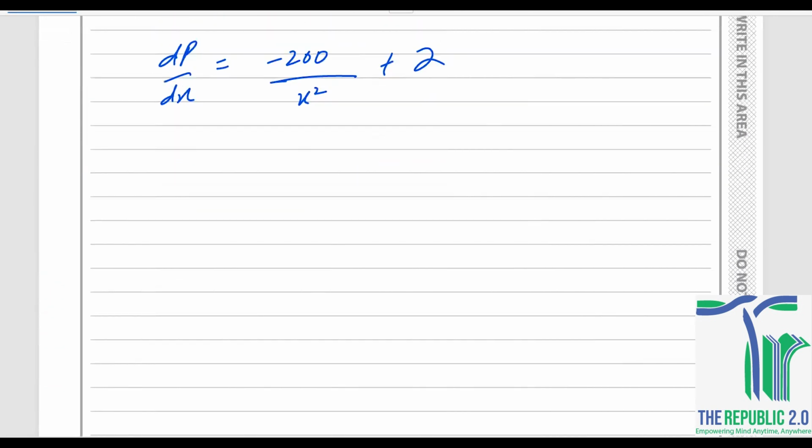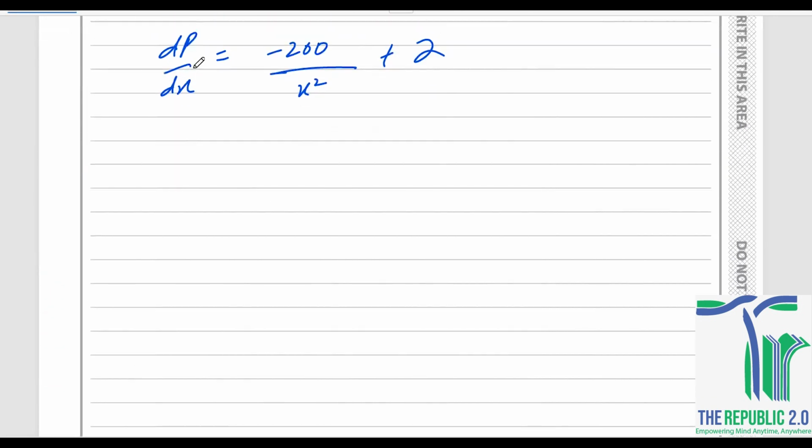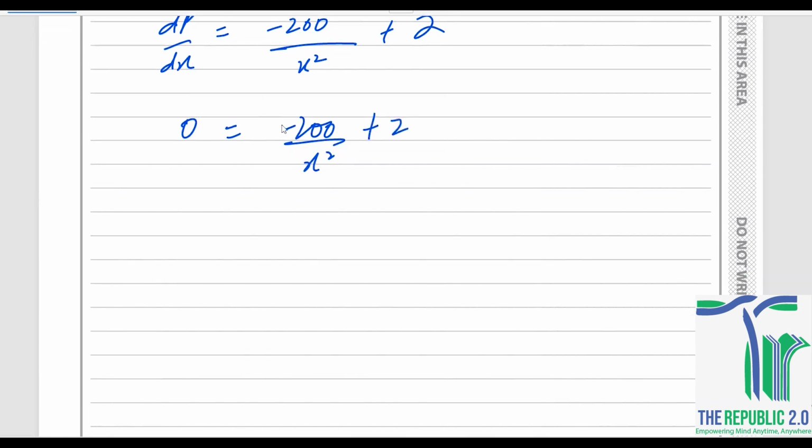Now, since I need the value of x, I'm going to set dP/dx = 0 because I'm looking for the stationary point. So I have −200/x² + 2 = 0. Moving the −200/x² to this side, you would have 200/x² = 2.